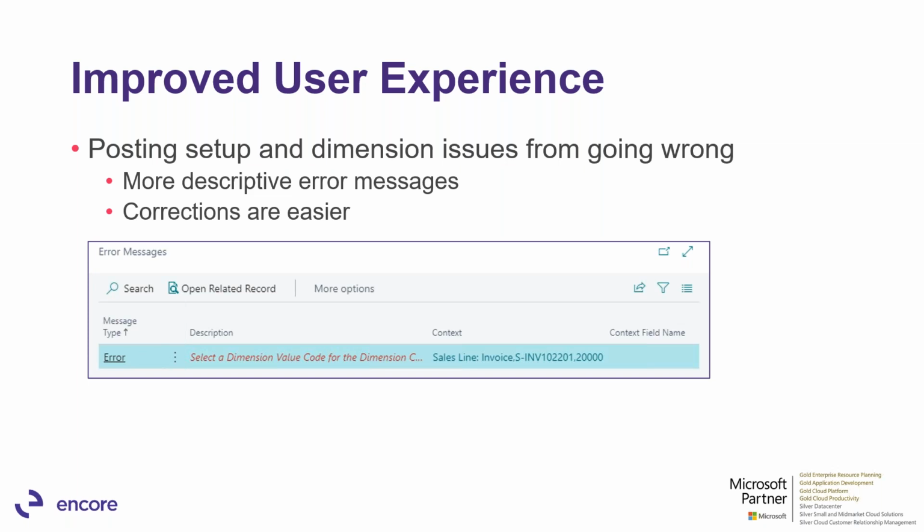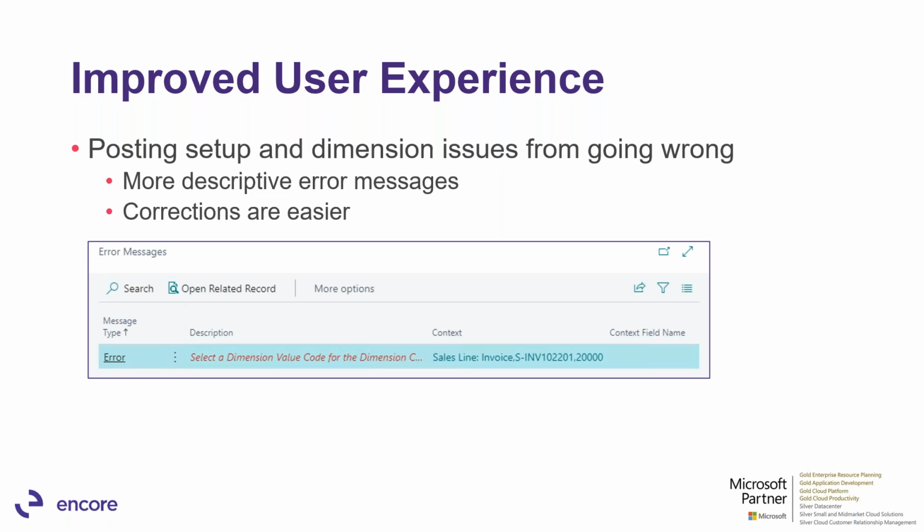There are also a couple of interesting improved user experiences. In particular, I think this one is going to be really helpful for new and old users alike. I think we've probably all seen those posting errors when you go to post a document and you've missed something. Usually it's around the dimension side of things.